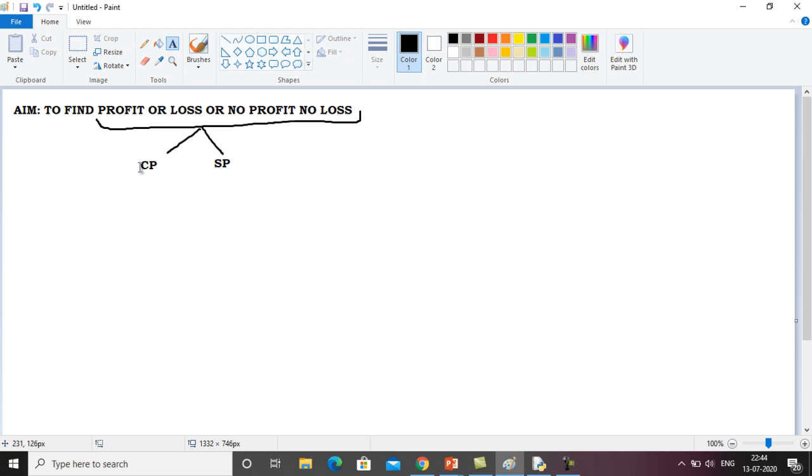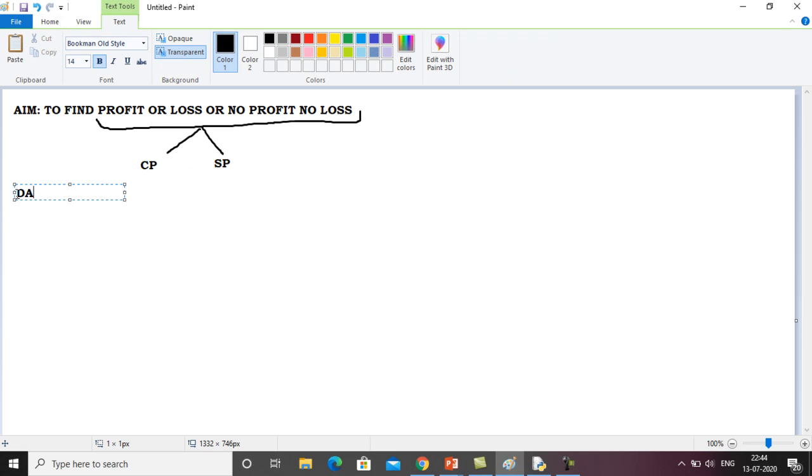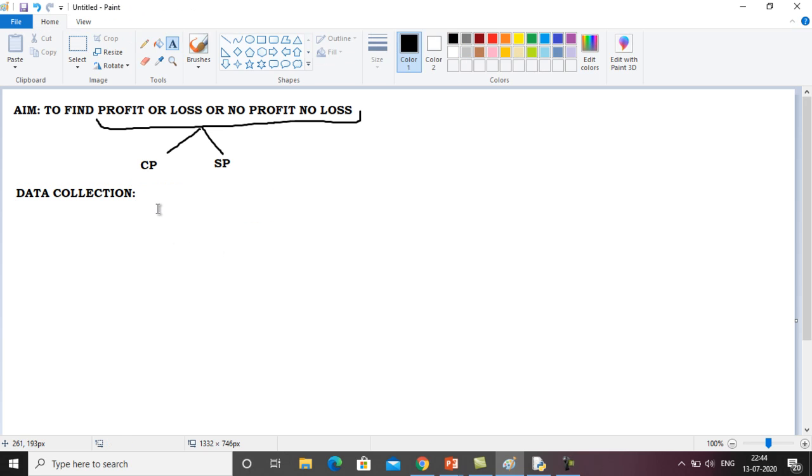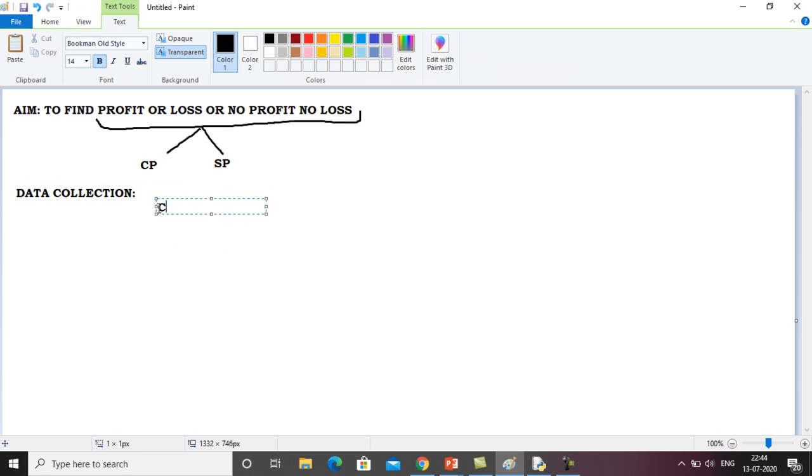When we have both these values with us, only then we can find out whether the person is getting a profit or a loss or no profit or loss. So in the data collection part, we first have to take the value of cost price and selling price.